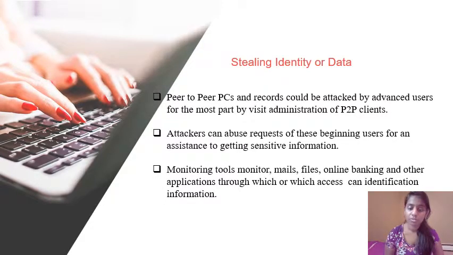Monitoring tools monitor mails, files, online banking, and other applications through which access can identify information. This situation can be overcome by allowing only authenticated users to see the sensitive information. If an authenticated peer behaves badly, this could be considered one serious issue.